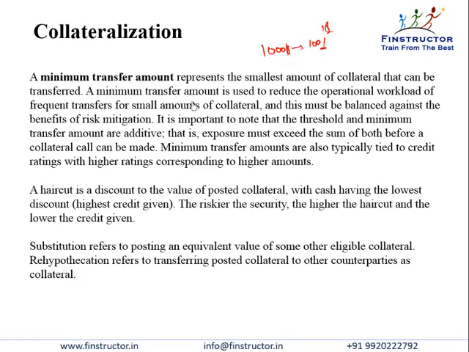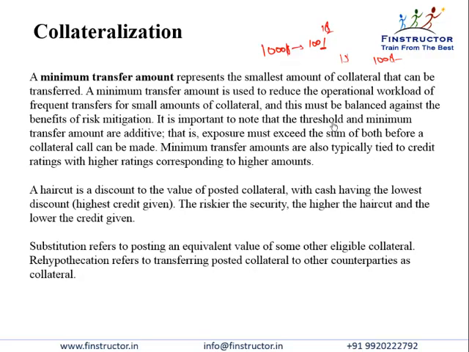So the minimum amount of collateral, or the minimum transfer amount, is kept so that the operational workload is reduced. That is, frequent transfers of $1 or $2 don't happen. The minimum value of the collateral should at least be $100. So the minimum transfer amount is to reduce the operational workload of frequent transfers for small amounts.